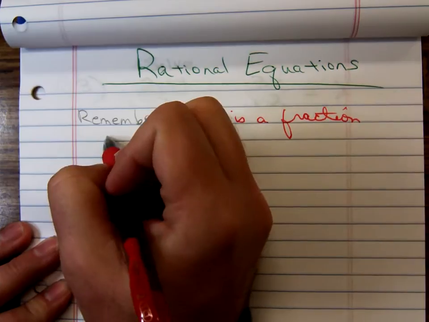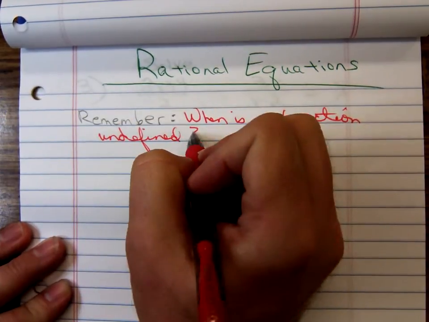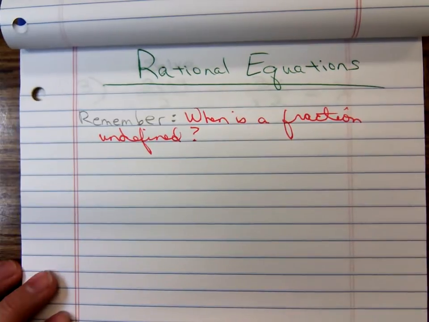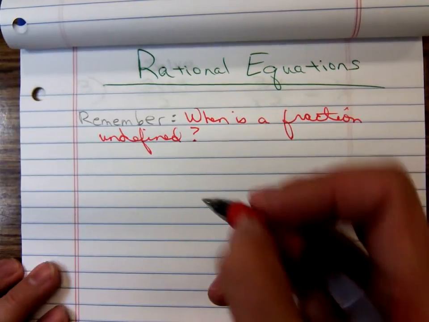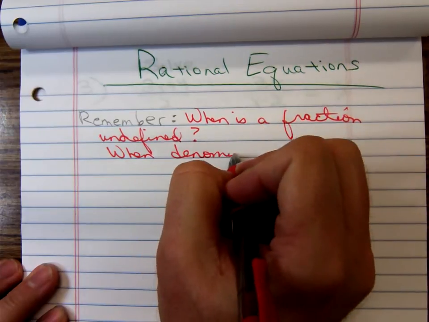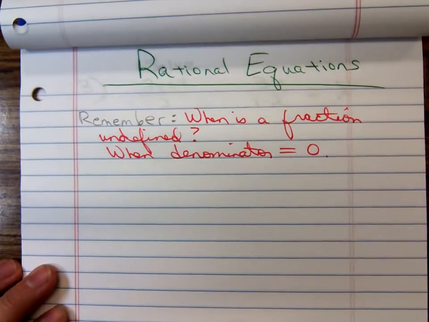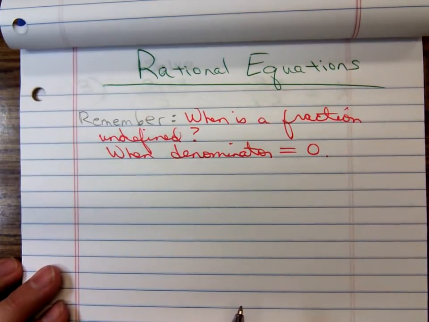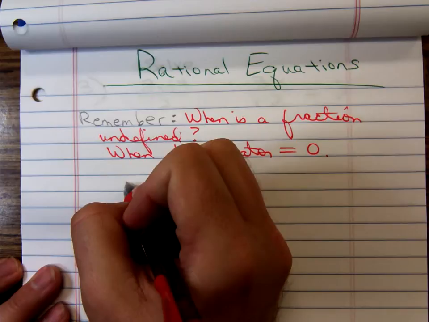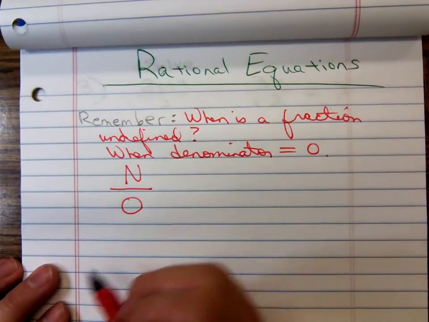When is a fraction undefined? And yes, when the denominator is equal to 0. So here's the way to remember that. If you have a number divided by 0, what does that say?